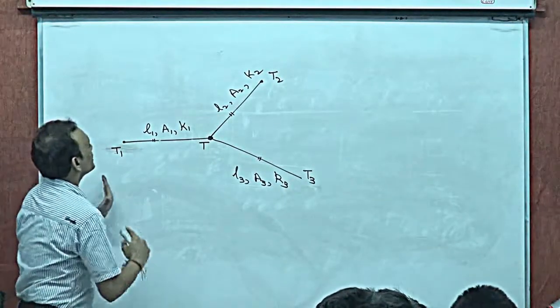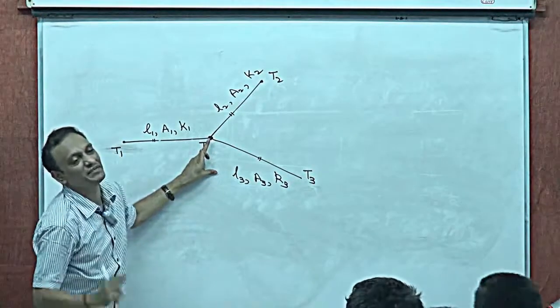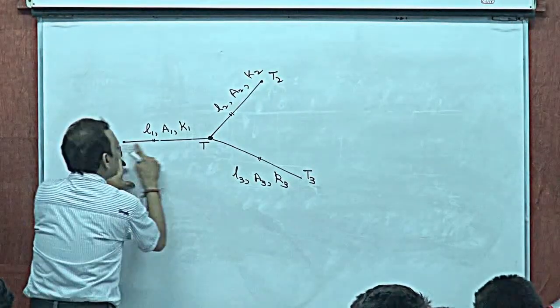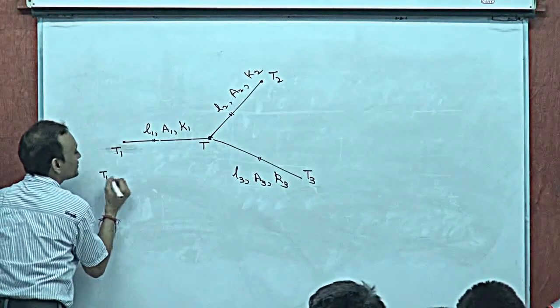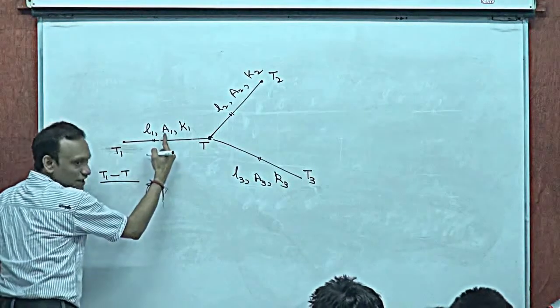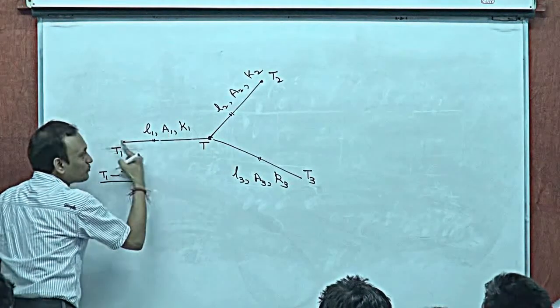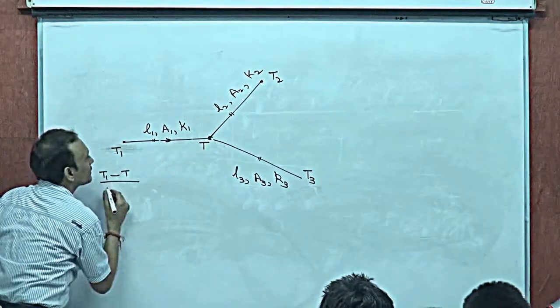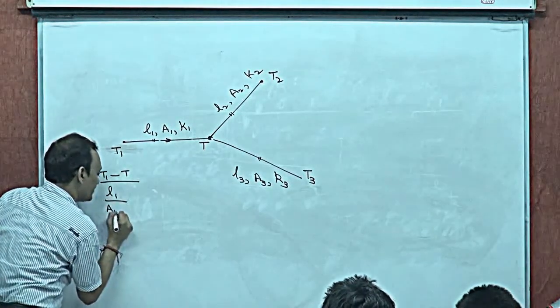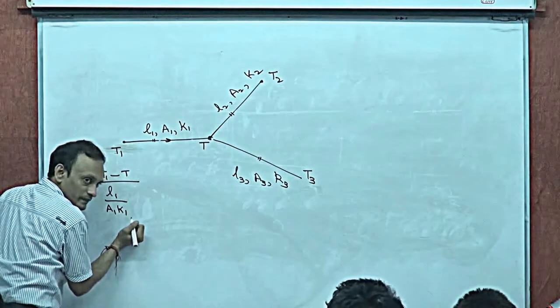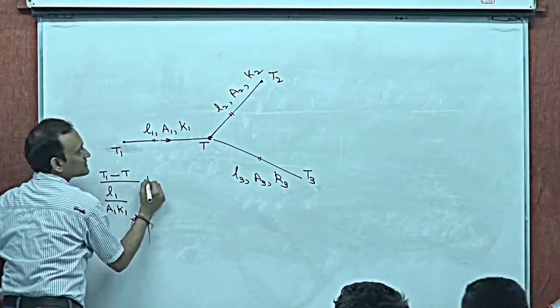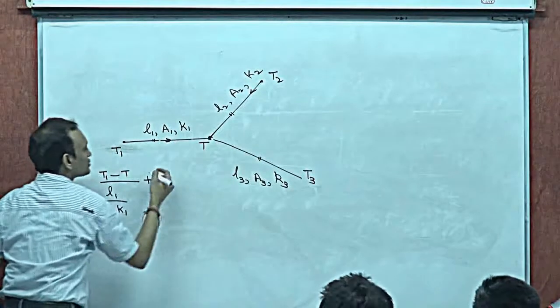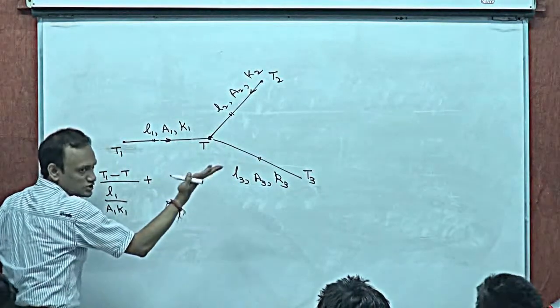That means the algebraic heat current entering the junction at temperature T must be 0. So the heat current here is going to be T1 minus T divided by the thermal resistance of this, which is L1 by A1K1, plus the heat current in this direction, algebraic, so it could be positive or negative.